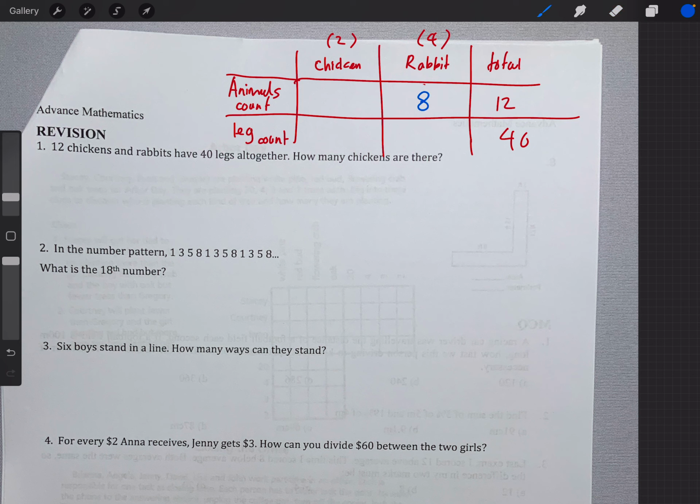If there are 8 rabbits, there should be only 4 chickens, because 8 plus 4 gives you 12. If you have 4 chickens, 4 times 2 is 8 legs altogether. Rabbits is 8 times 4, and that's 32. Does it add to 40? Yes, it does. So we've guessed correctly now. How many chickens are there? There are 4 chickens.